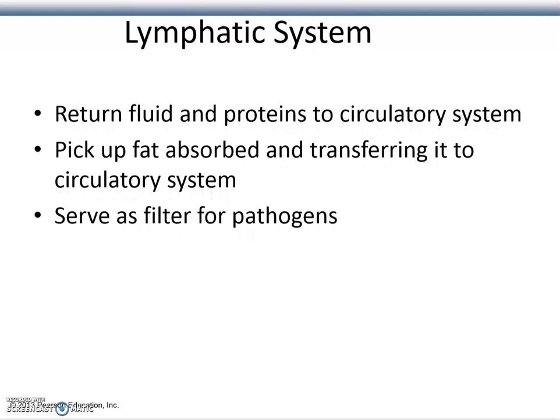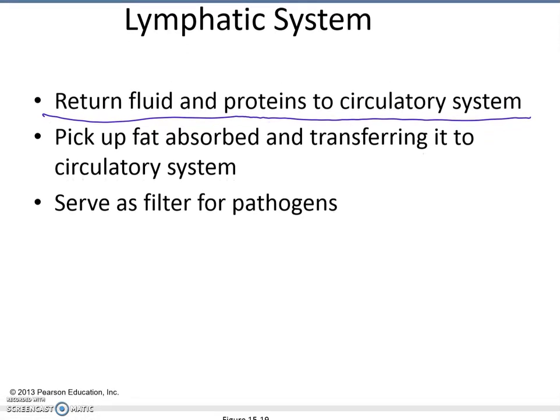The lymphatic system picks up these fluids that you weren't able to recapture and returns these fluids and some of the proteins back to the circulatory system. So you basically have this blind-ended system of lymphatic vessels that are picking up these fluids, and then they merge into larger and larger vessels and return everything back on the venous side of the circulation at the level of the subclavian vein.